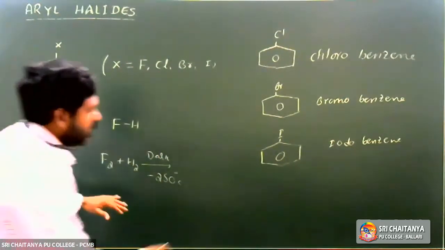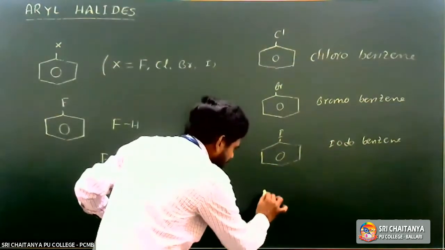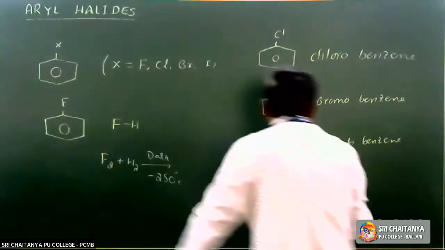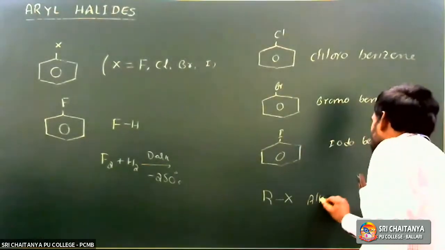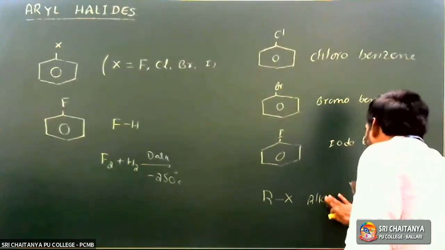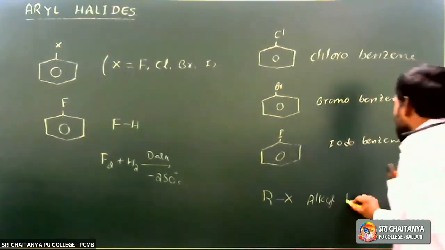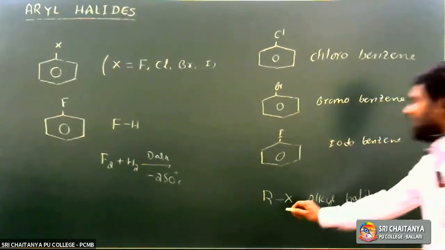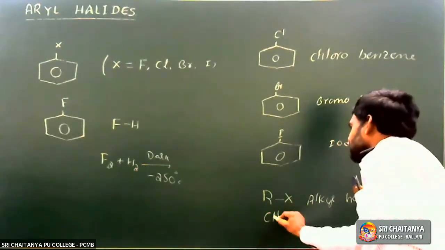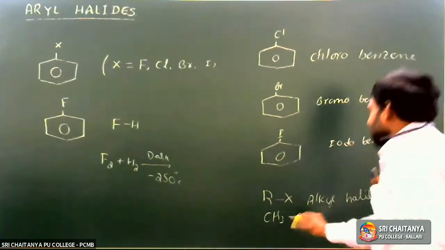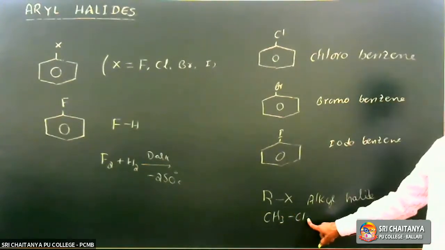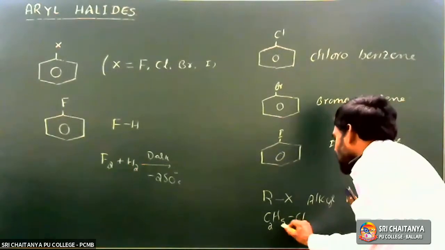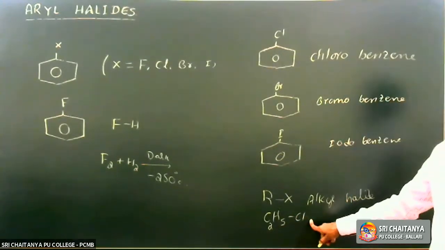If a halogen is attached with an alkyl group, where the alkyl group is denoted by R, then RX is called an alkyl halide. This chapter is already completed. R means alkyl, X means halide. Instead of R, if we take CH3 with Cl, it is called methyl chloride. If you take the ethyl group, C2H5, it is ethyl chloride.